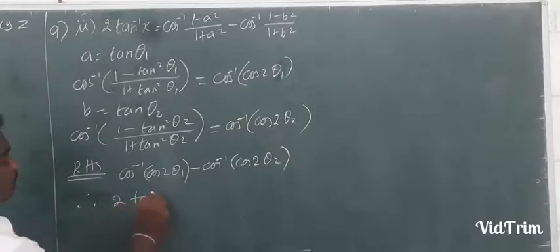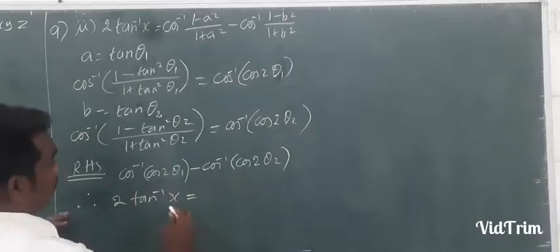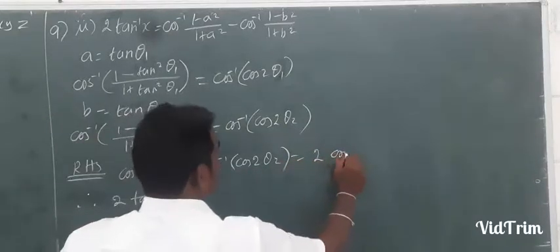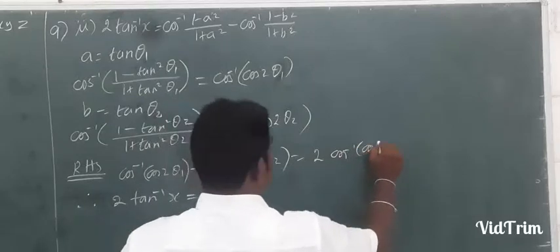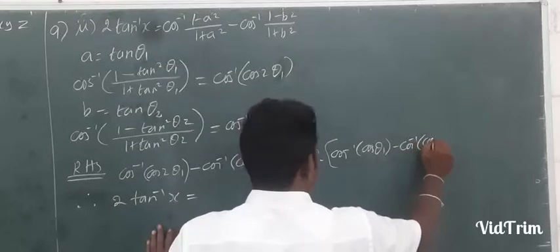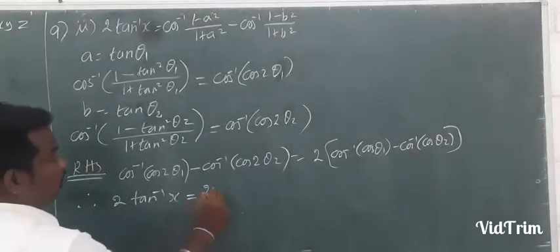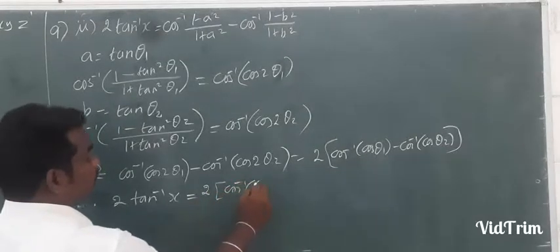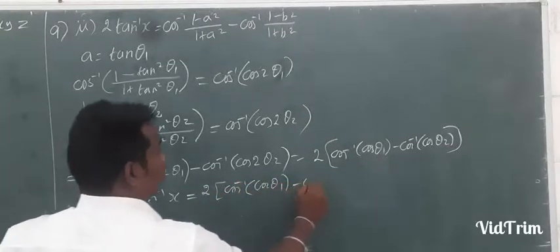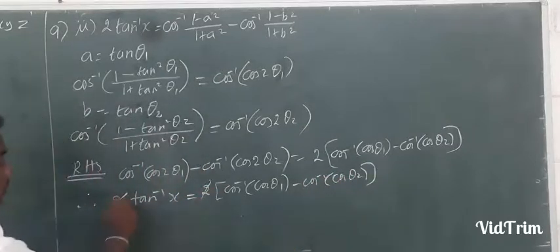Therefore 2 tan inverse x is equal to, is it visible to you? Yes, visible. Take 2 as common, it is 2 of cos inverse of cos theta 1 minus cos inverse of cos theta 2. So this time we write here 2 into cos inverse of cos theta 1 minus cos inverse of cos theta 2. 2 and 2 cancel.